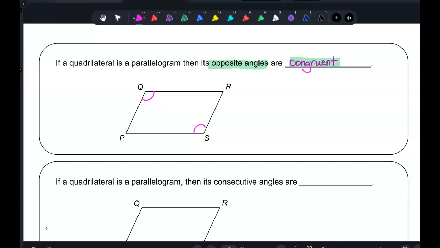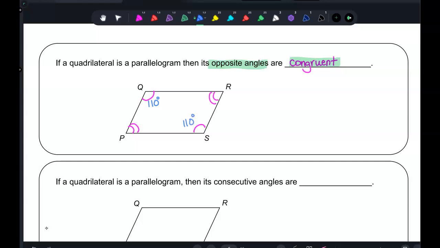And then P has to be the same as R. So for example, let's just say this is just an example, 110. So what other angle would also have to be 110? S.